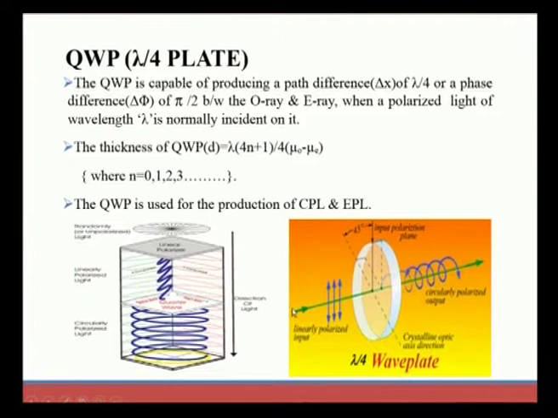From these two figures we can say that the input to the quarter wave plate is always linearly polarized light. So, linearly polarized light has to be the input for a QWP, so that we can get a CPL as well as an EPL.